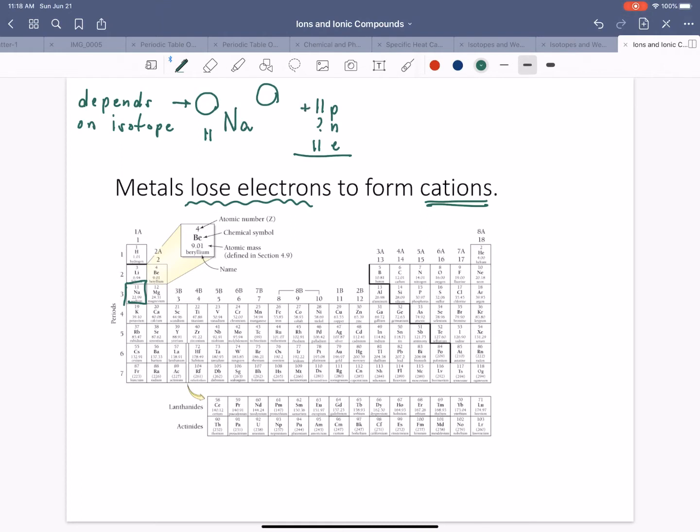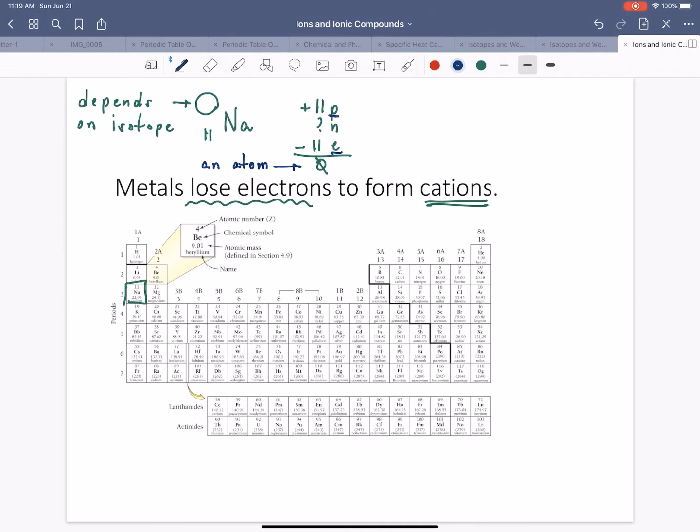Protons are positive, electrons are negative, the overall charge is 0. So because we're talking about an atom, protons equals electrons, and there is no net charge. And for that reason, we just leave that space blank.